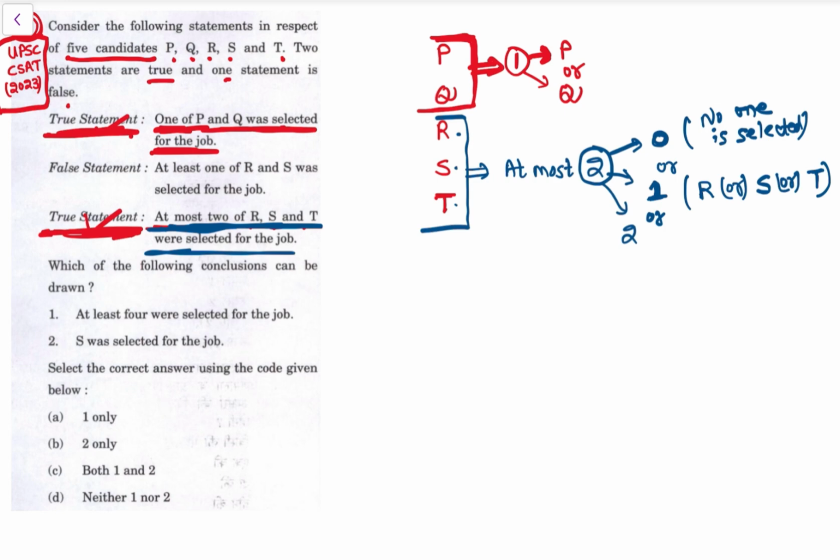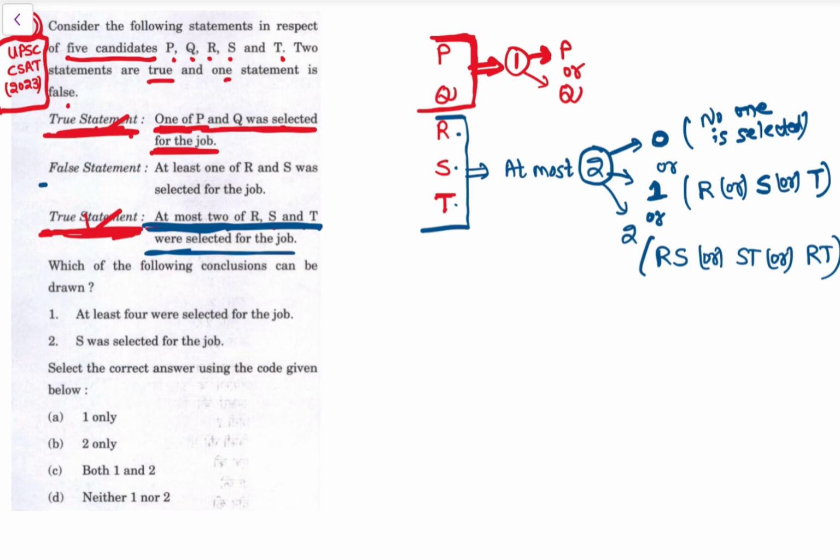So, 3 possibilities are there. And then for 2 selected: R, S can be selected, or S, T can be selected, or R, T can be selected. So, these are the possible selections. At most 2 means either 0 or 1 or 2 can be selected. That is what we need to see.